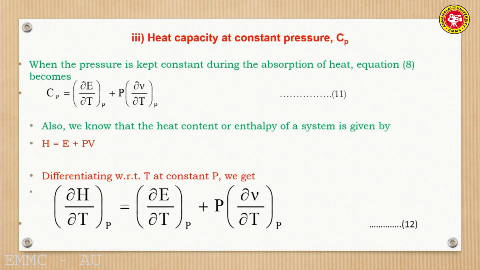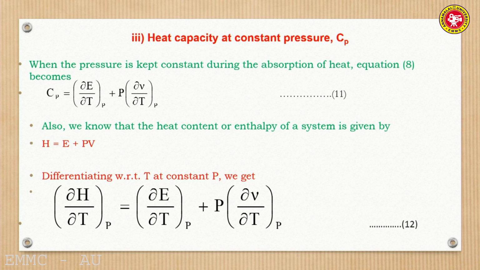Heat capacity at constant pressure. When the pressure is kept constant during the absorption of heat, equation 8 becomes Cp = (∂E/∂T) at constant pressure + P(∂V/∂T) at constant pressure. As we know, the heat content or enthalpy of the system is given by H = E + PV.